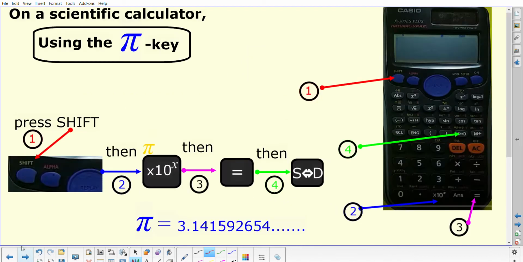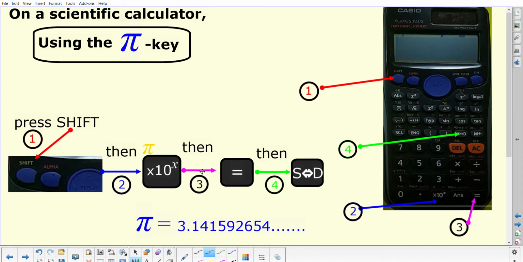So, on a scientific calculator, to access that pi number, you have to press the shift button. If it's a Casio calculator like this, there's not a button for it, but the pi symbol appears just at the top left of the times by 10 to the power x symbol.